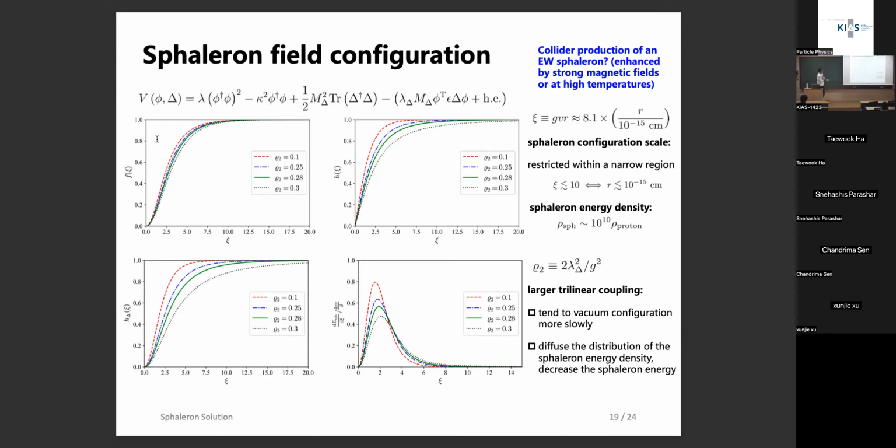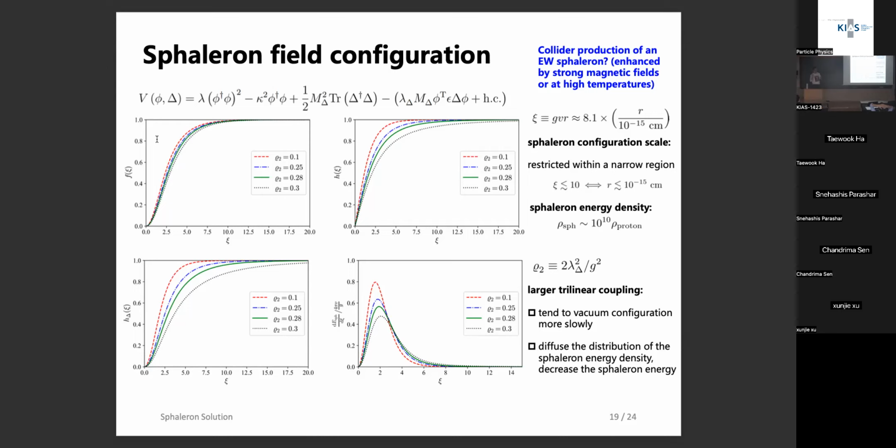However, if you include strong magnetic fields, the probability to generate the Sphaleron at a collider will be enhanced. This is because when you take into account the effect of the finite Weinberg angle, the Sphaleron configuration will not be spherically symmetric. But it will have certain directions, which means the Sphaleron will have a nonzero magnetic dipole moment.